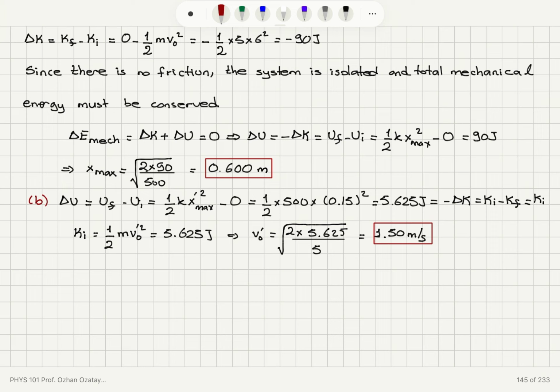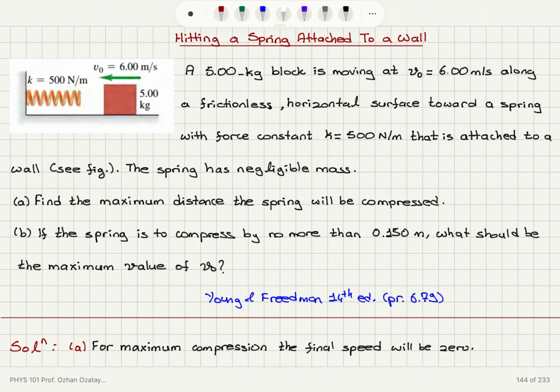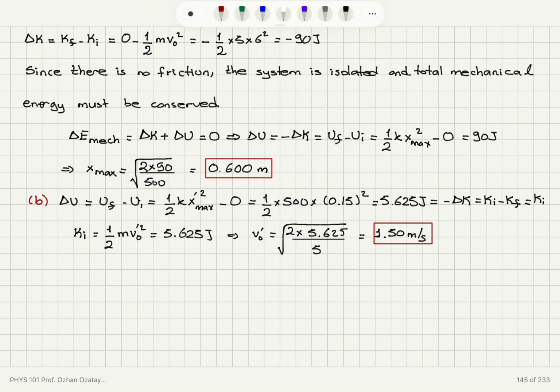That's the new value. Okay, so with 6 meters per second initial speed, we were able to compress it 0.6 meters. With 1.5 meters per second initial speed, we are able to compress it to 0.15 meters maximum.